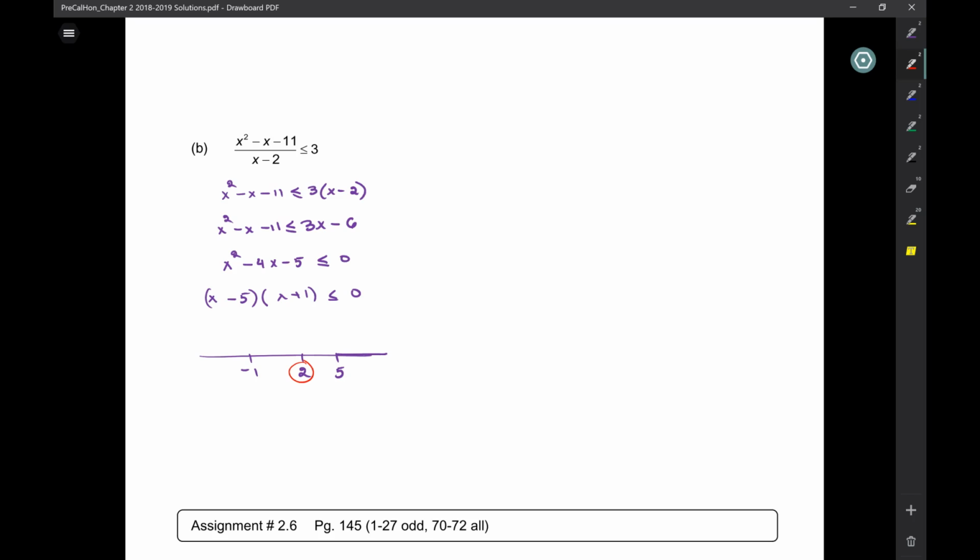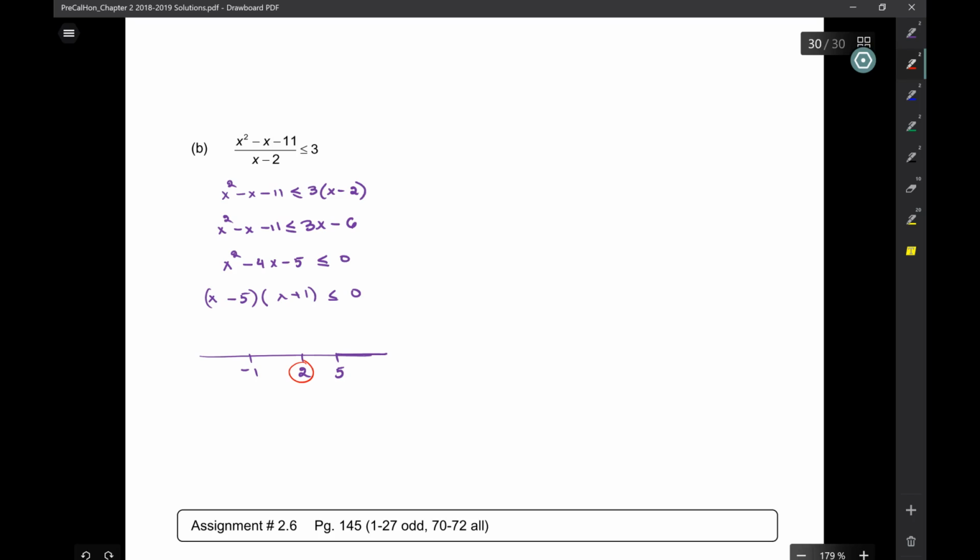Now here's the important part. Where to plug it in? Like we said, by the time you got here, you have changed the entire problem. So when you plug the numbers back in, you have to go back to the original.